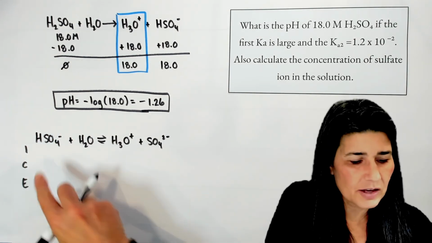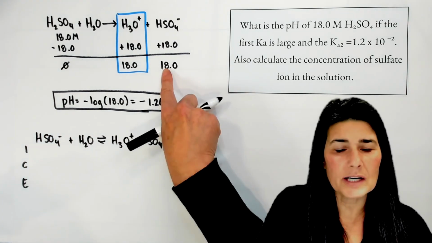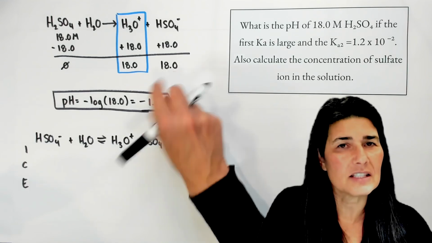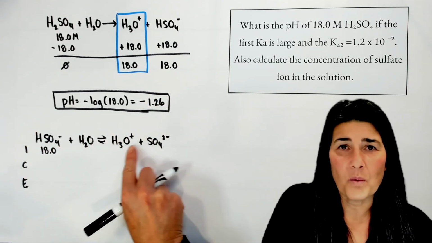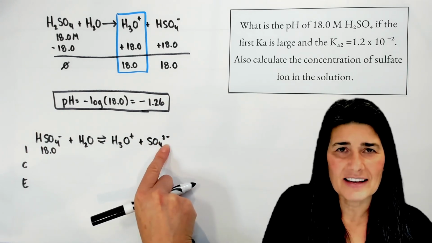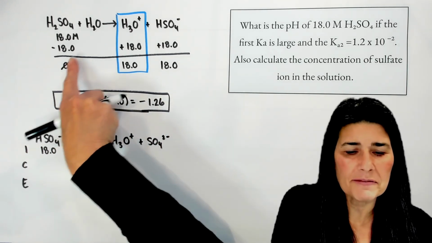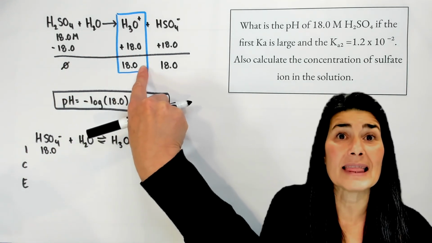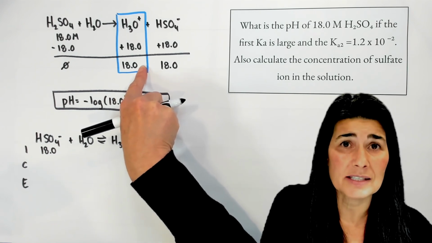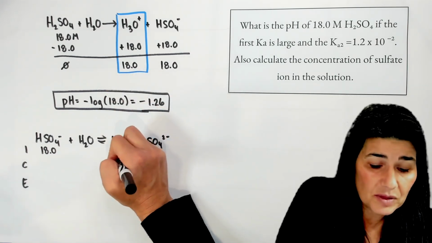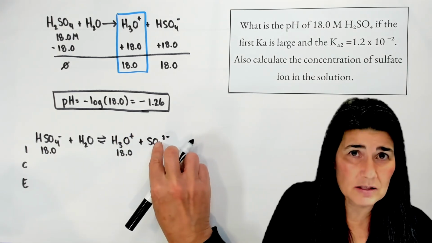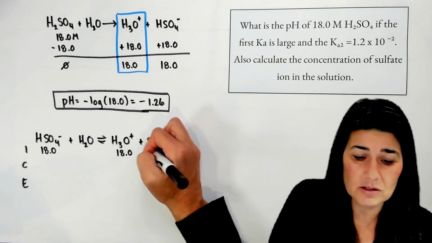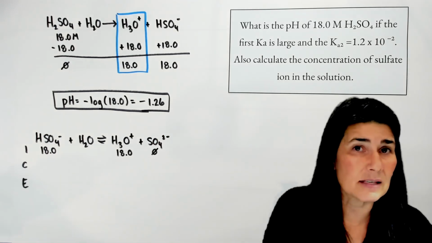The initial value of the HSO4 minus, well, that was from above, 18 molar, 18.0. Now, we have one of these already. We know that from the first dissociation, we have a lot of hydronium in the water, 18 molar. So this originally is at 18. We don't have any sulfate before the second dissociation. That one's set at 0.